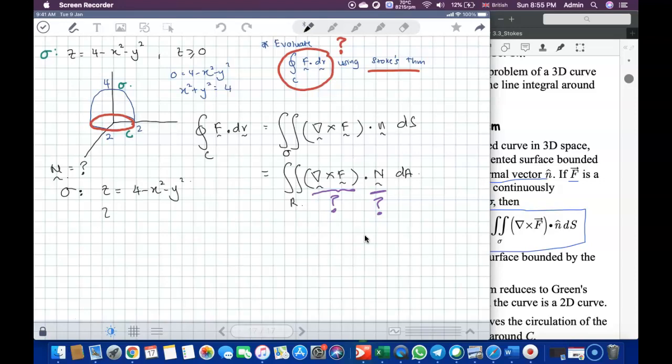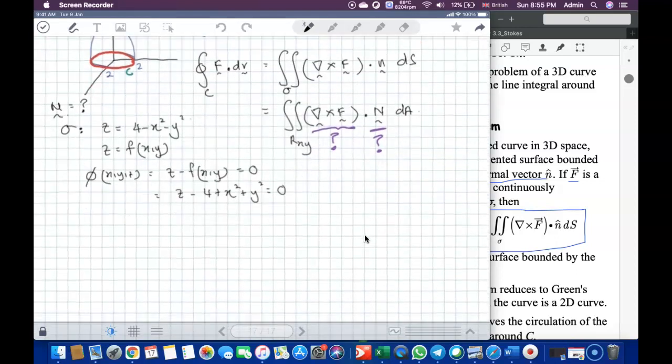So z is a function of x and y, so we know that our region should be on the xy plane. Here your phi in terms of x, y, z is z minus f(x, y), so in this case you have z minus 4 plus x squared plus y squared equal to 0.